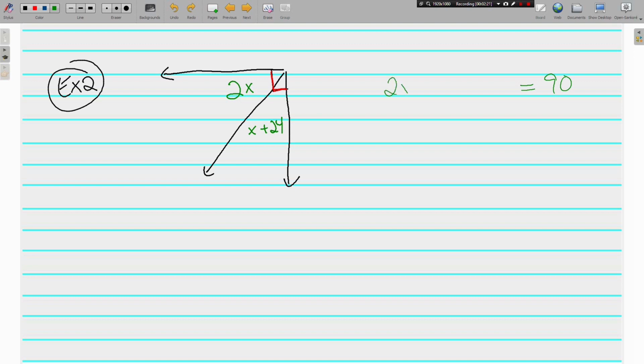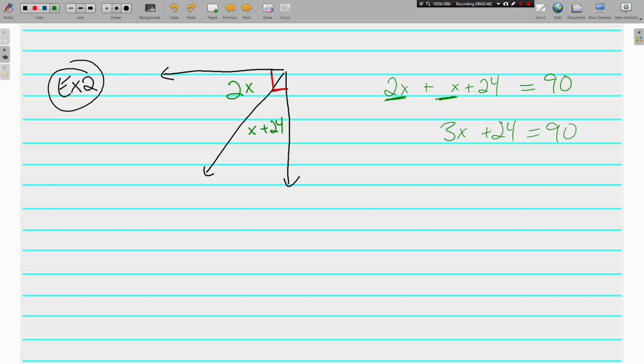One angle is 2x plus the other angle, which is x plus 24. Alright, I need to combine my like terms. I've got a 2x and a 1x, which is 3x, plus 24 is equal to 90.